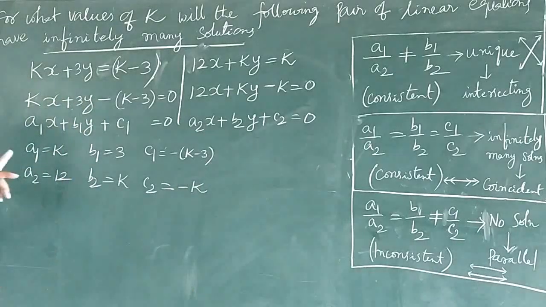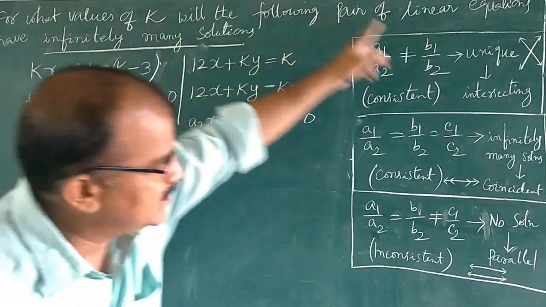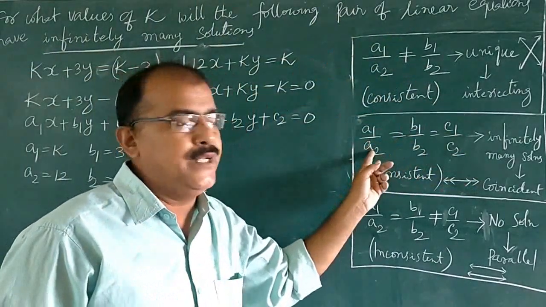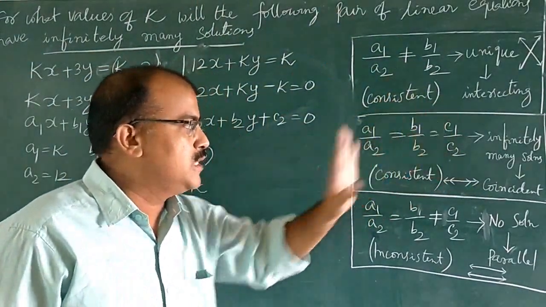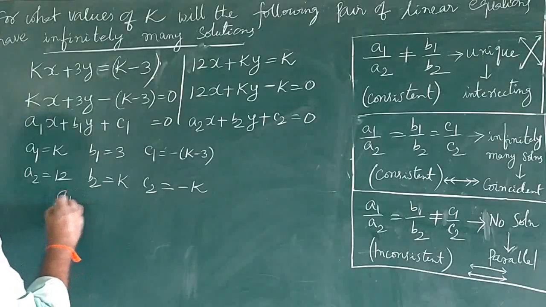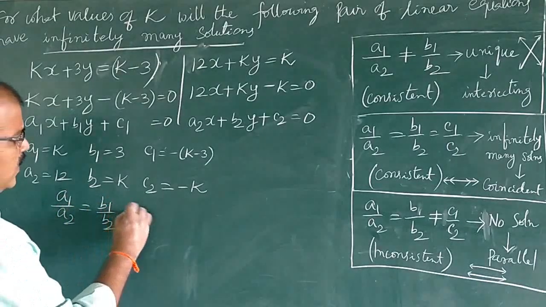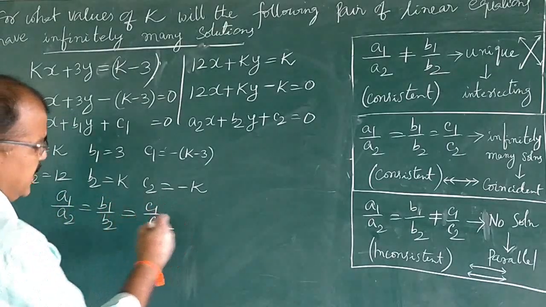Understand? So now what is the condition? Infinitely many solutions: a1 by a2 is equal to b1 by b2 is equal to c1 by c2.